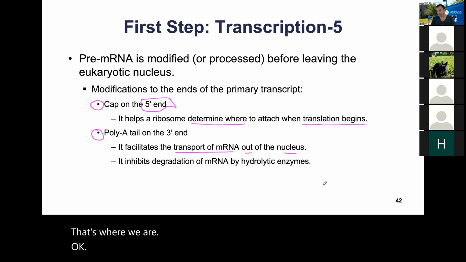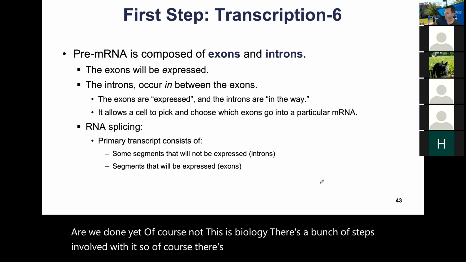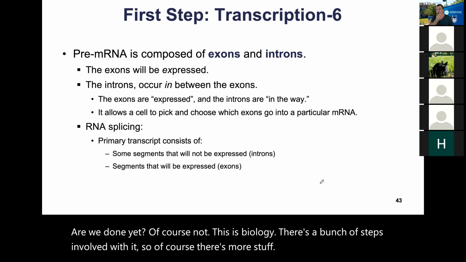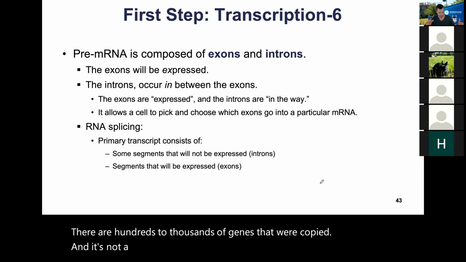Okay. Are we done yet? Of course not. This is biology. There's a bunch of steps involved with it. So of course there's more stuff. There are hundreds to thousands of genes that were copied. And it's not a stream of consciousness that is from the initiator to the terminator end region.